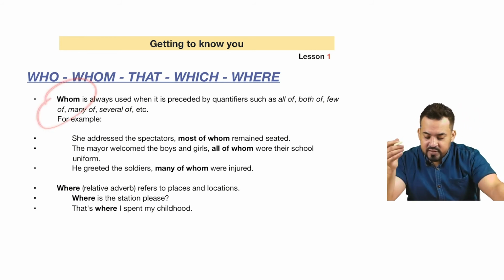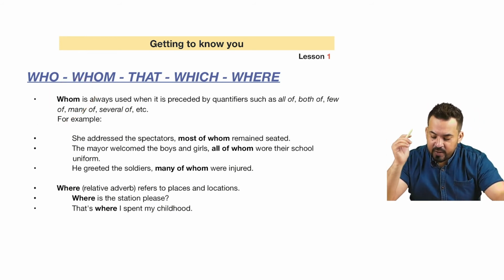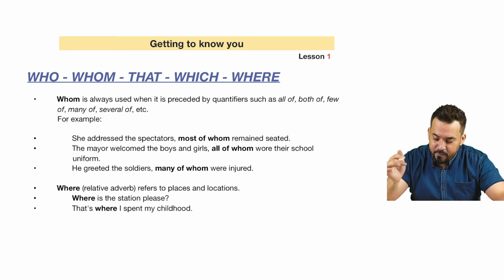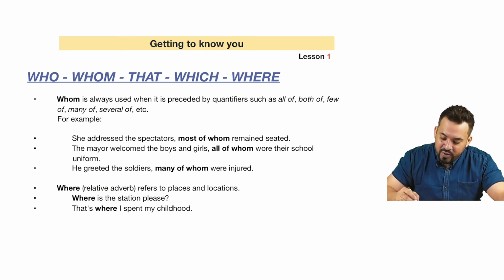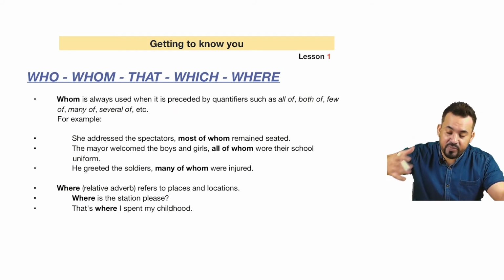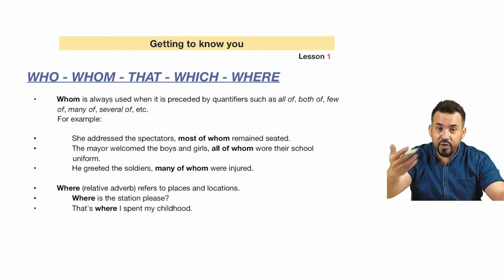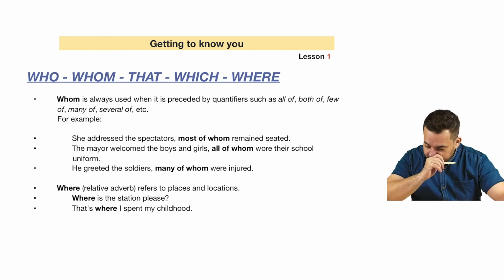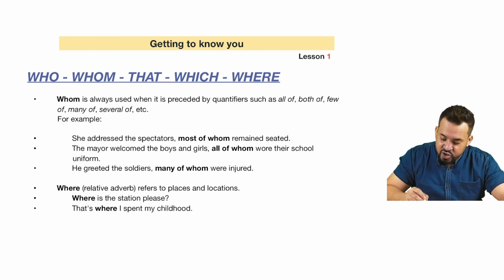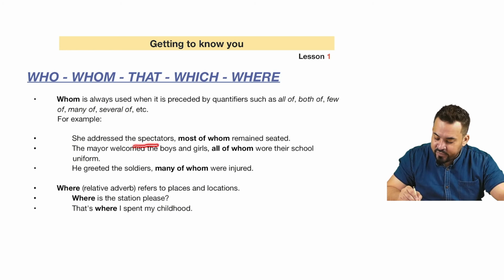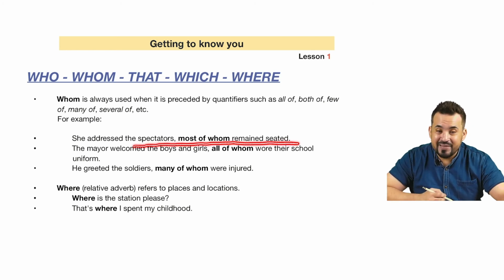So whom is always used when it is preceded by quantifiers. Preceded means if a quantifier comes before it, then we use whom. All right, let's take a look at some examples. She addressed the spectators, most of whom remained seated.